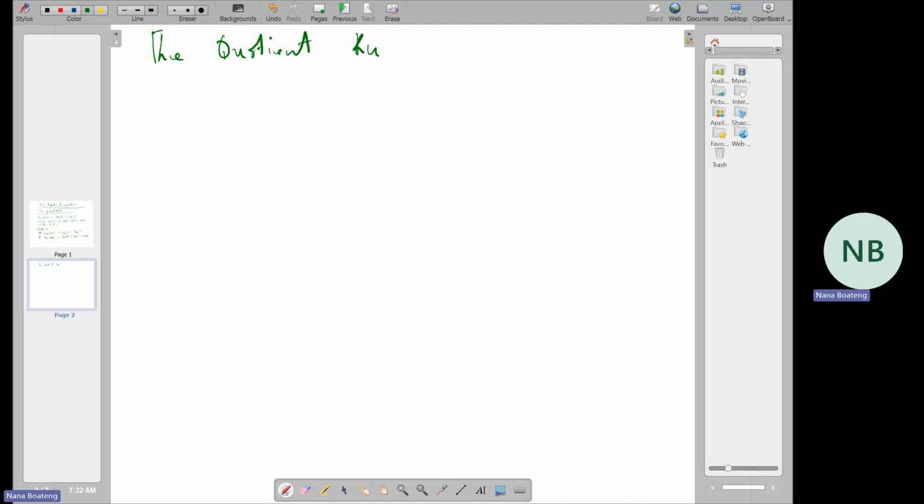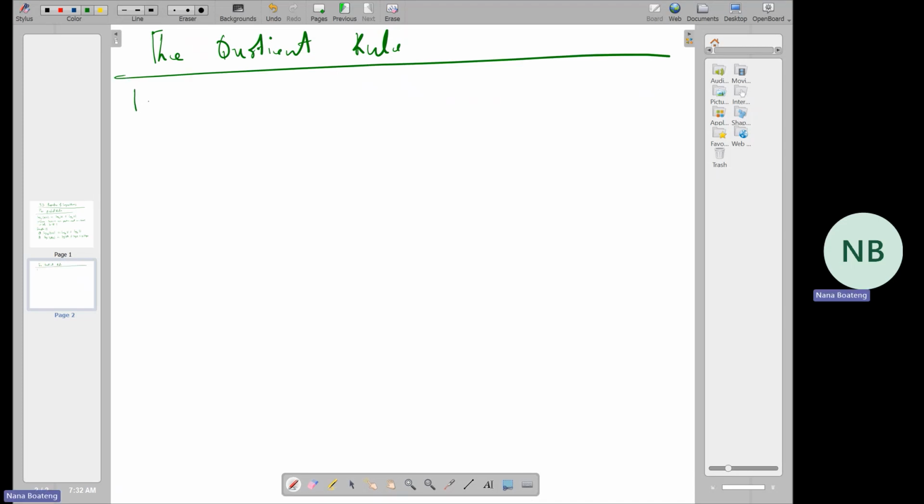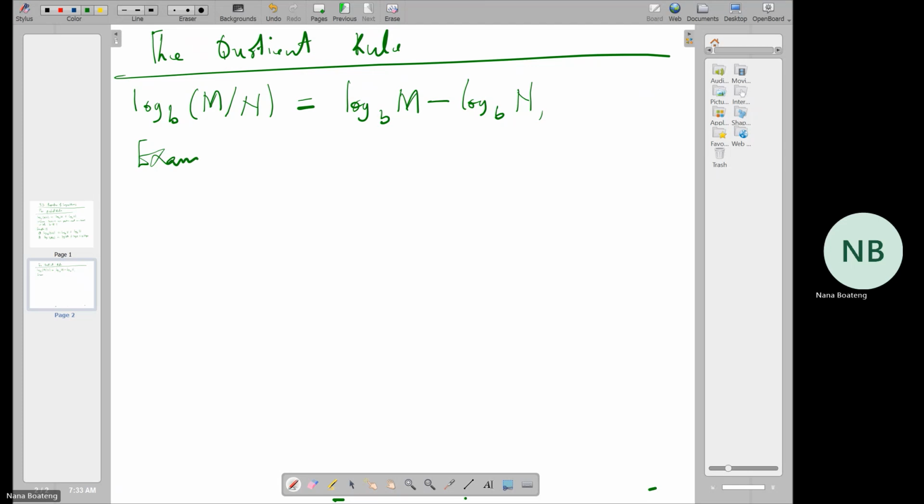The quotient rule is log to the base b of m divided by n is equal to the log to the base b of m minus log to the base b of n, where m and n are positive numbers and b is not equal to 1. So let's use example 2 to review this formula.